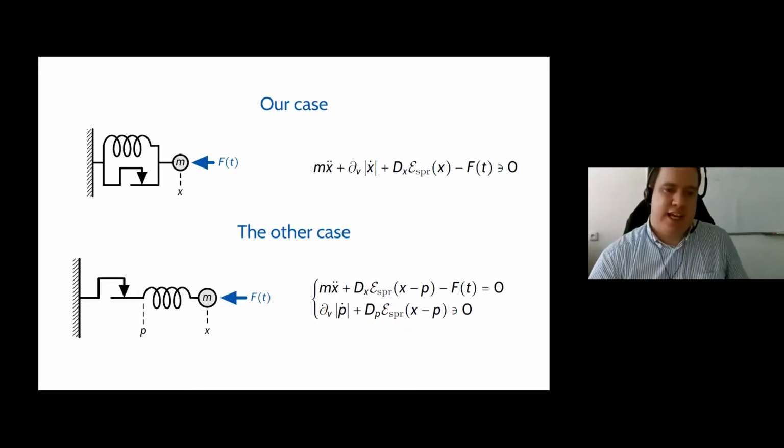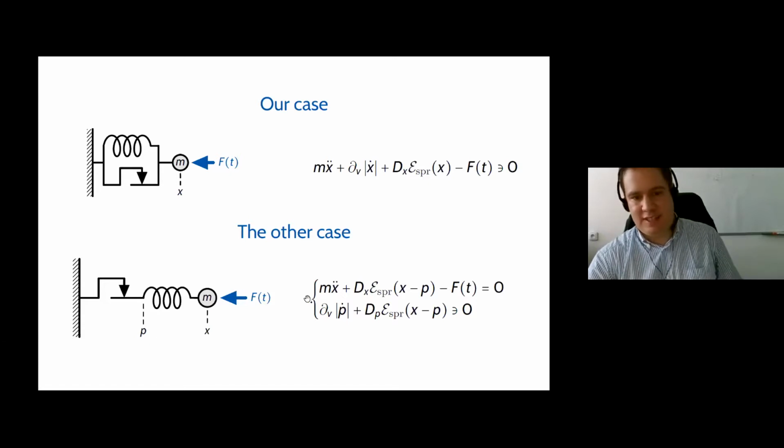In the other case, more close to classical results, you basically need another variable to describe the system. So you have the position of the mass, and this is essentially, you can think, the plastic deformation. This is the total deformation, this is the plastic deformation.